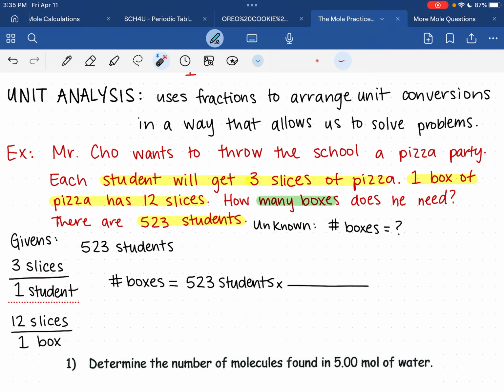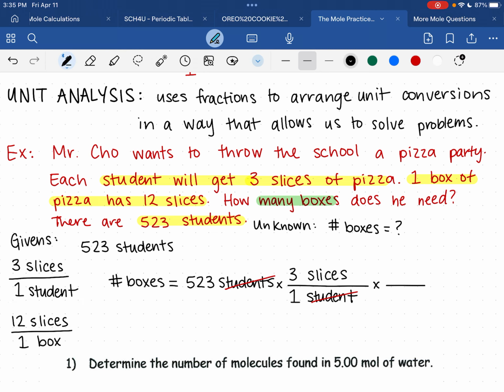So one student goes in the denominator, and in the numerator we'll have 3 slices. Now hopefully you can see that the students is going to cancel with the students.